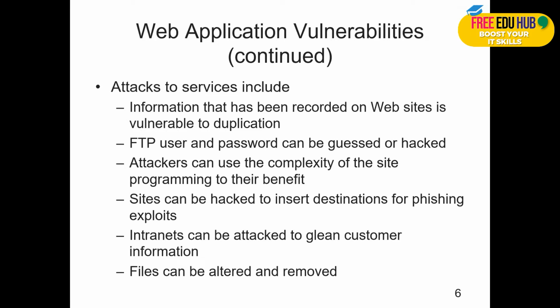Sites can be hacked to insert destinations for phishing exploits. If there are any ports open on any of the applications or servers, they can be compromised by sending rootkits via those open ports, as we have practiced in the lab sessions, and they can be stored on the servers to be exploited later.